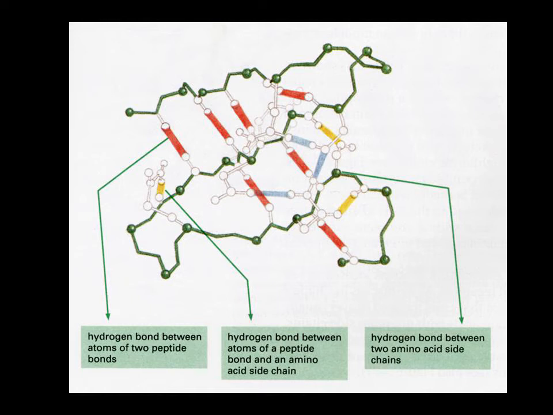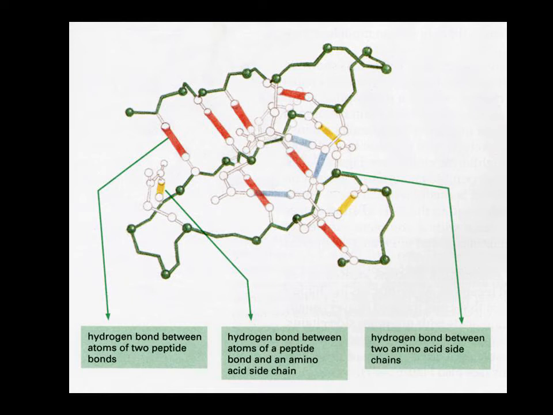Also you can see that there are multiple hydrogen bonds formed. Most of them, shown in red here, are between NH and the carbonyl group of the backbone, as I've told before. But they are formed between groups which are distant from each other.